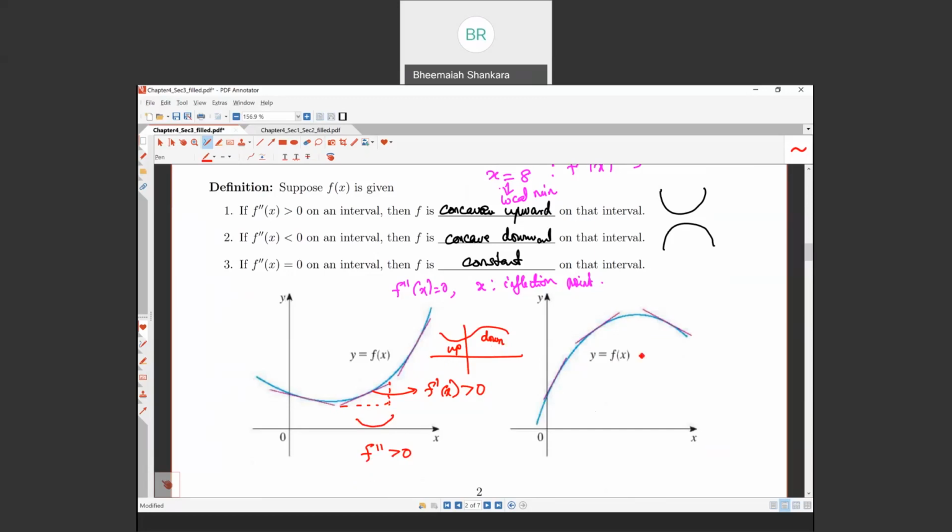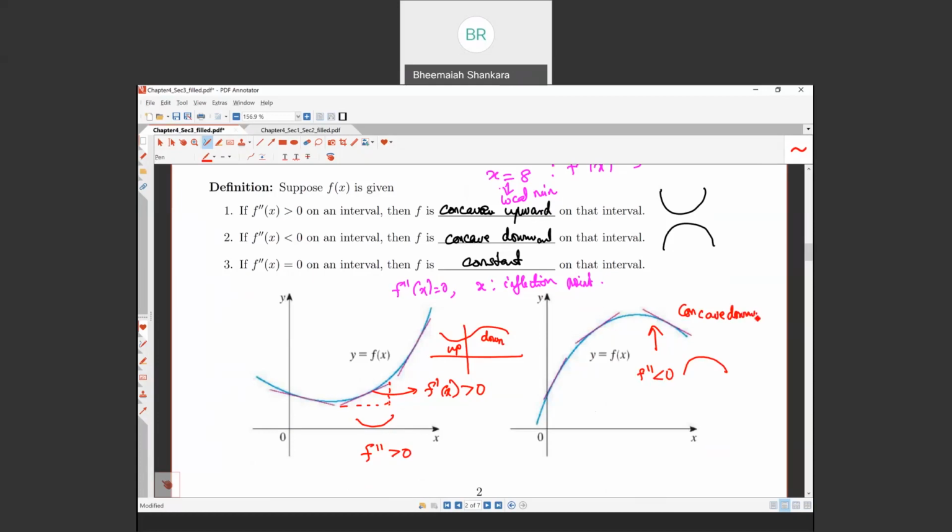And in the second curve, at this particular point here, I would want you to observe the pattern of the curve. It's going down in this pattern. So this particular curve on this interval, you can say that f double prime is less than 0. And this is the concave down curve.